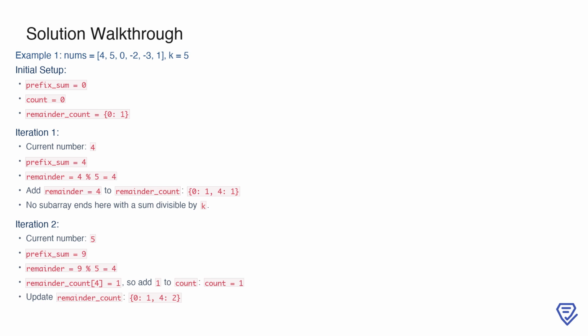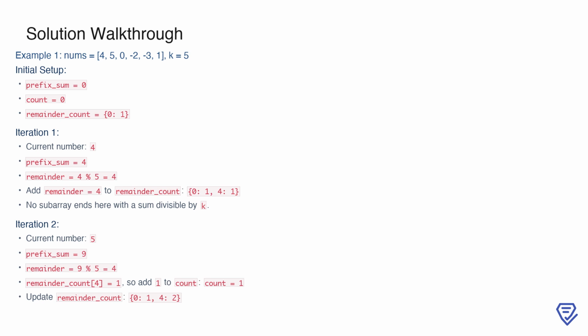In the first iteration, the current number is 4, so we add it to prefix_sum, making it 4. The remainder when 4 is divided by 5 is also 4. Since there's no previous occurrence of this remainder in remainder_count, we simply update the dictionary to include it, resulting in {0: 1, 4: 1}. No subarray ends here with a sum divisible by k, so count remains 0.